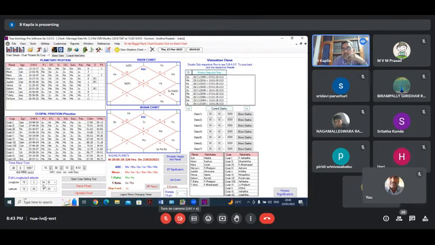In the first case, when you have 5 or 11 through the star lord and 7 through the sublord, it is an indirect linkage. And if the seventh sub-sublord is linked to the seventh cusp through the star lord and 5 or 11 through the sublord, it's a direct linkage.